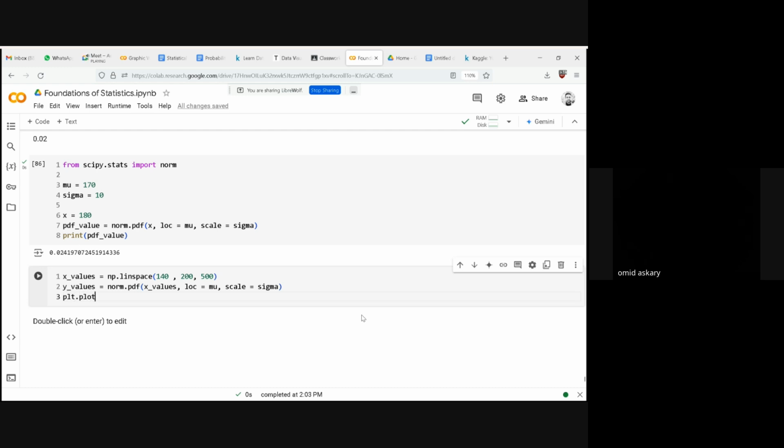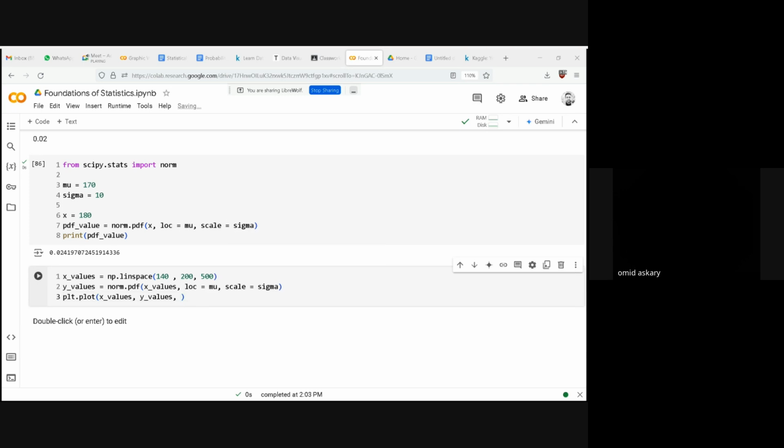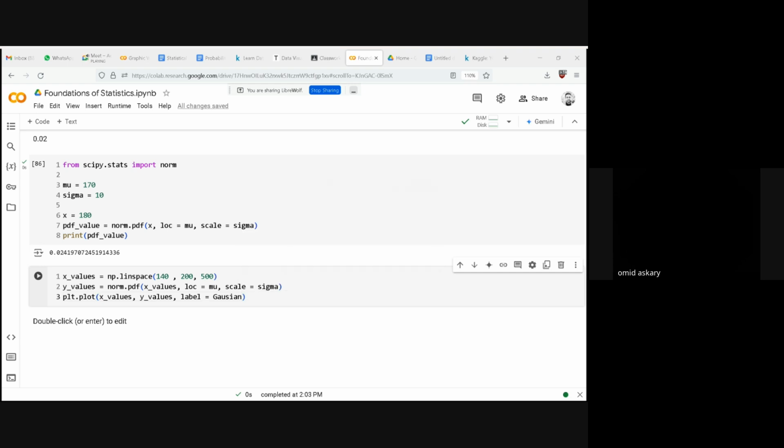So plt.plot. Let's plot x values and y values, and the label will be Gaussian PDF. Let's do that.